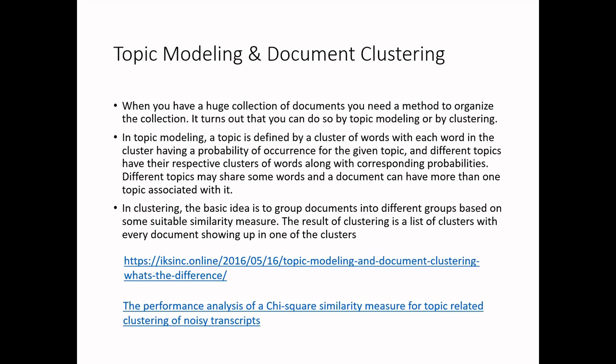In clustering, the idea is to group documents into different groups based on some similarity measure. The result of clustering is a list of clusters with every document showing up in one of the clusters. So basically, in one case, you are working with words to define whether a document falls in a particular topic or not.